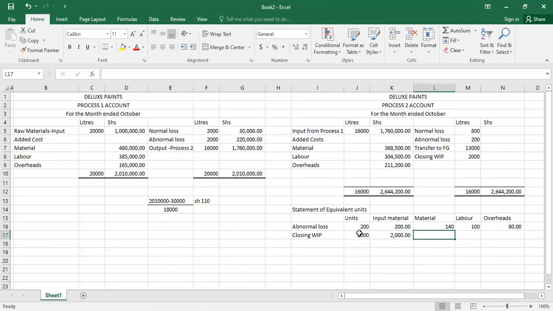What is 80% of 2000? 1600. Labor, 70%. 70% of 2000 is 1400.